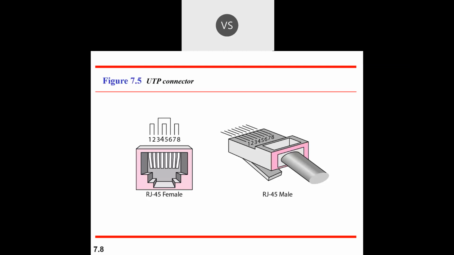So there are such male and female connectors. There are 1 to 8 wires with different color coding, and you need to set them according to the color. When you fit it into this particular connector, it is rightly connected with the female, and you can get internet access.